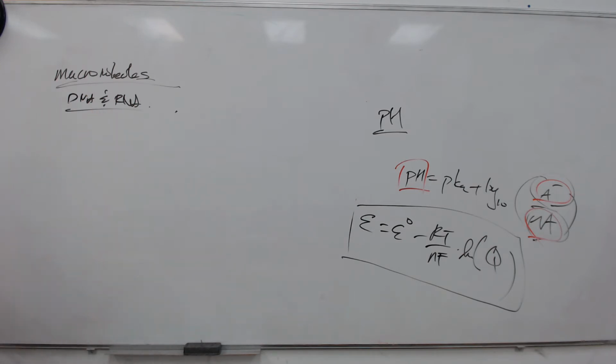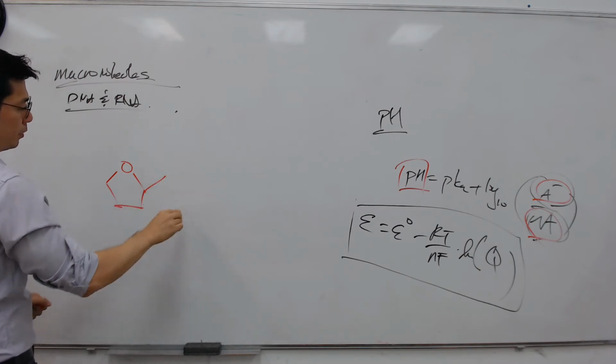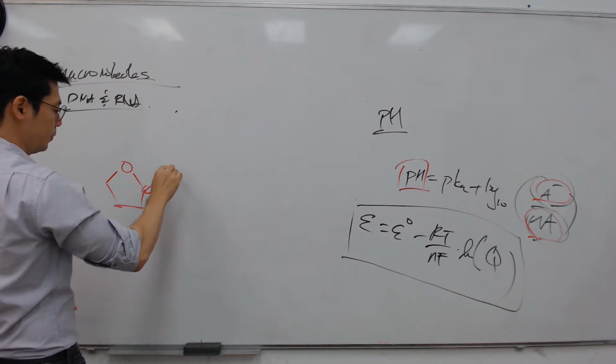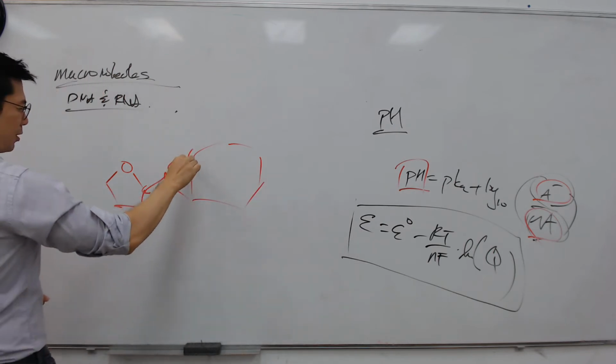I'm going to draw the structure. Let me tell you what you have to know. First, I'm going to draw the RNA. There's carbon here, nitrogen, a nitrogen here, a nitrogen there.